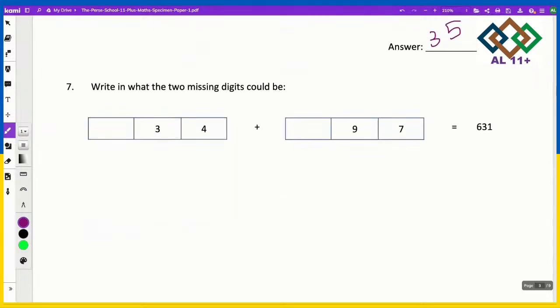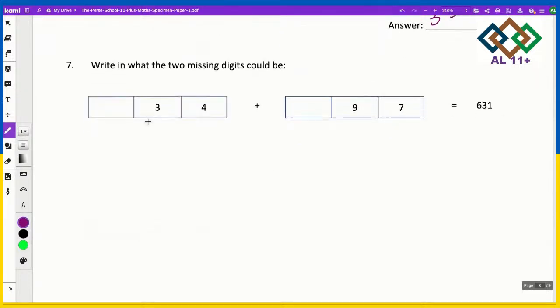And we are on number 7. In number 7, they are telling you to write in what the two missing digits could be. So you have to think about these two digits that give you 631. So let's think what it could be.